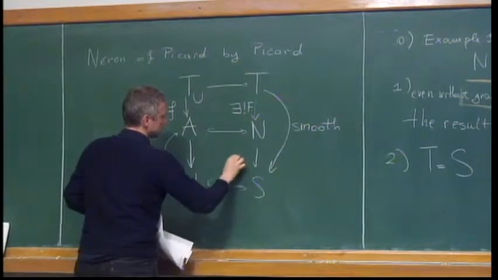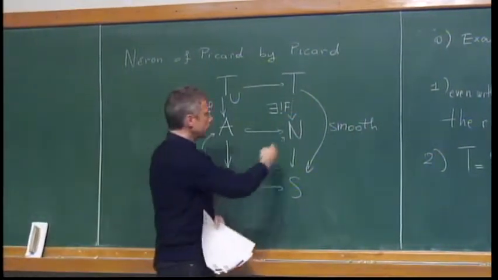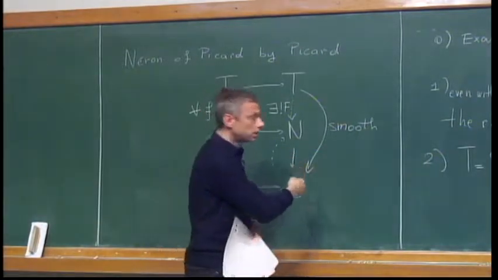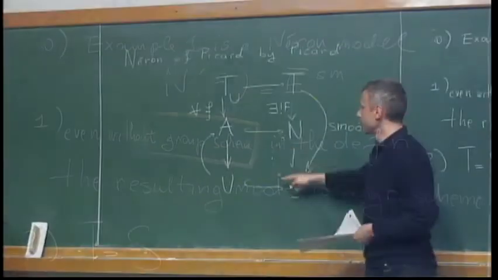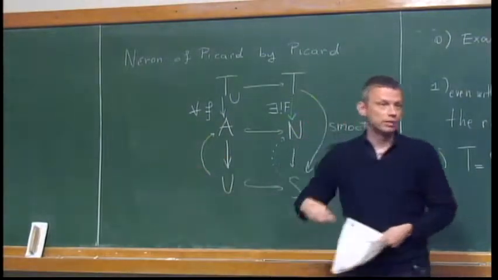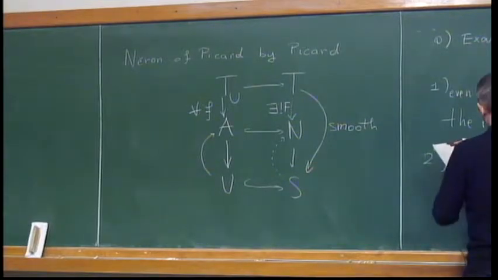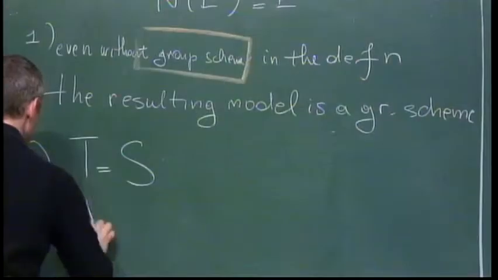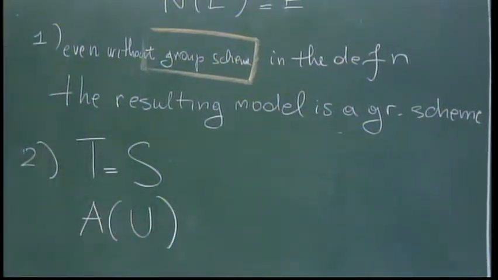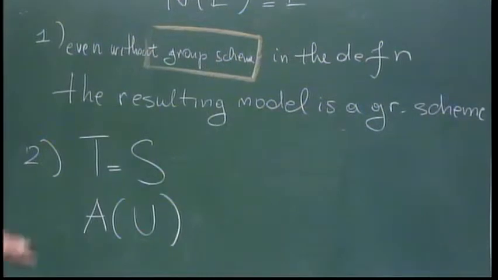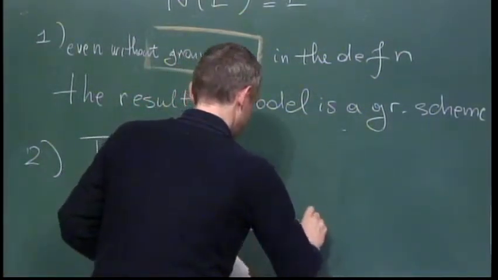And it says that every time I have a section from U to A, there is a way to extend it on N. So you know that if you have a section from S to N, there is a way to restrict it. But the point is that you can go backwards. So this gives a unique way to, I denote by this, the U points, the points mapping from U to A, are in one-to-one correspondence to the S points.